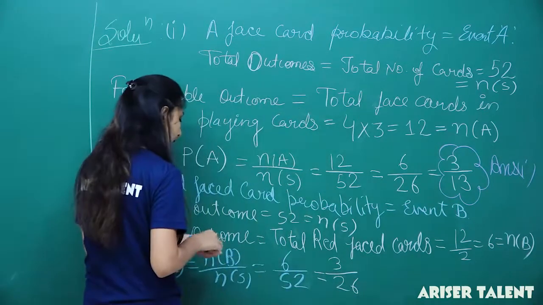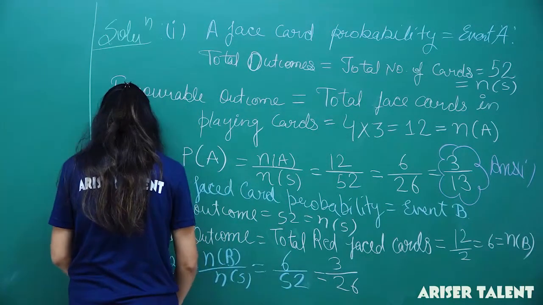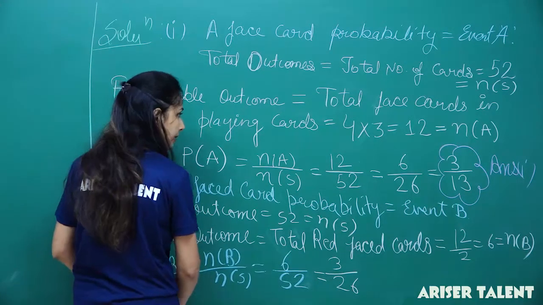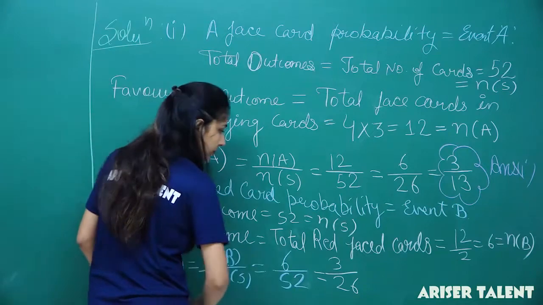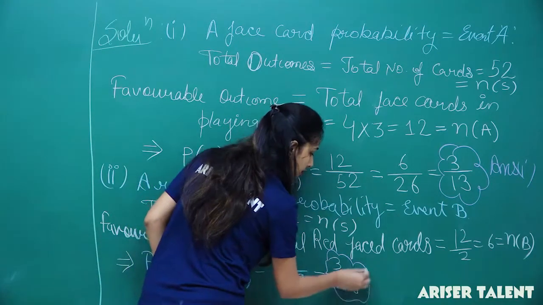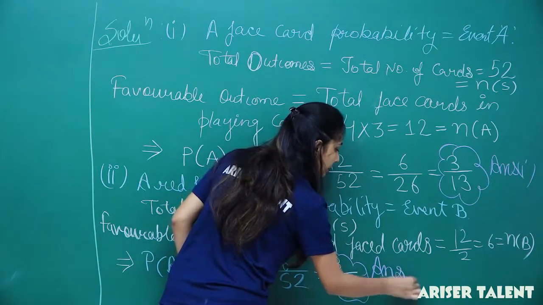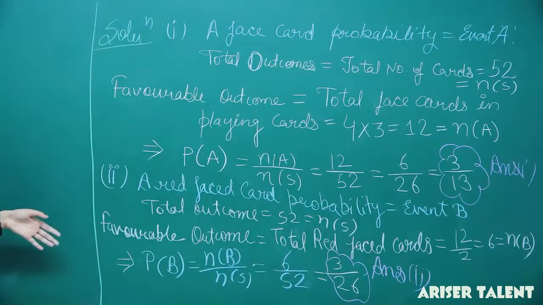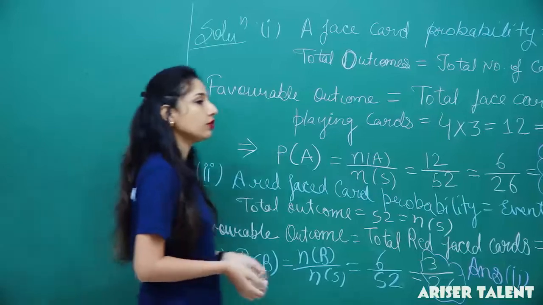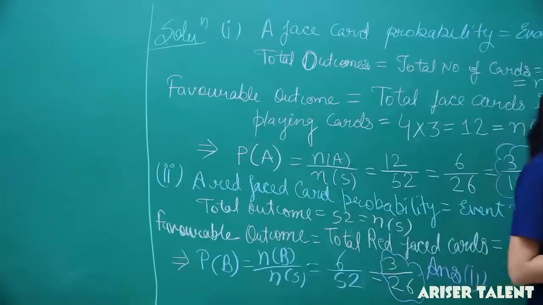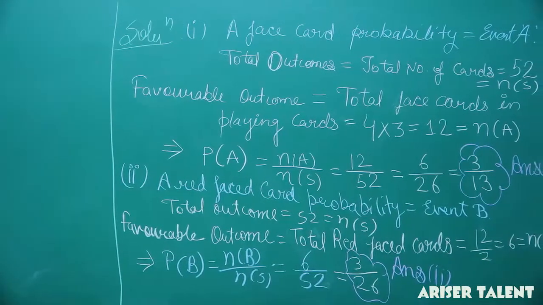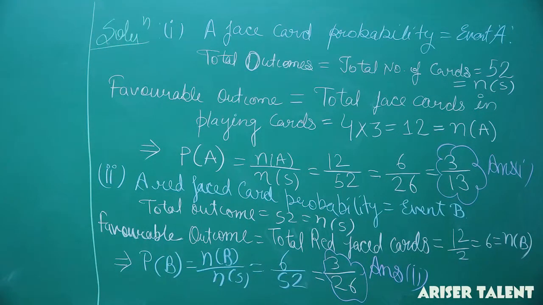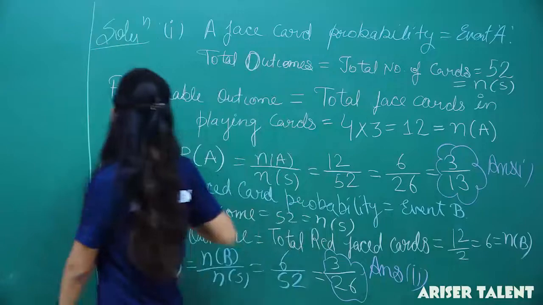So 3 by 26 is what you call your answer. This is your answer for the second one. Okay, so you noted the first one. Now note the second one also, so that we can move further.